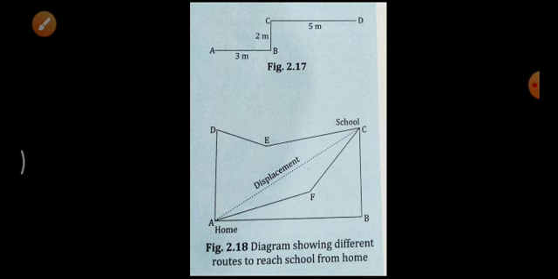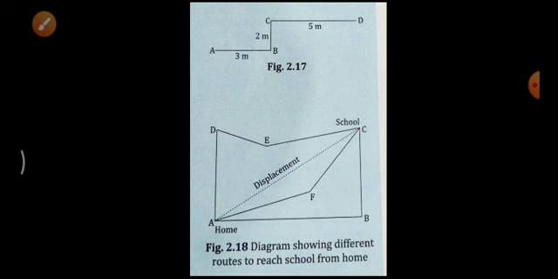So from point A to C, or from home to school, if we try to move on a straight line, then the dotted line indicates the shortest distance between home and the school. So that one is the displacement. It is the shortest distance between 2 points, one is initial, another one is final. That one becomes the displacement.